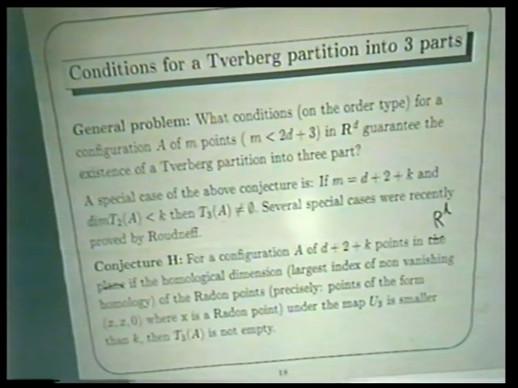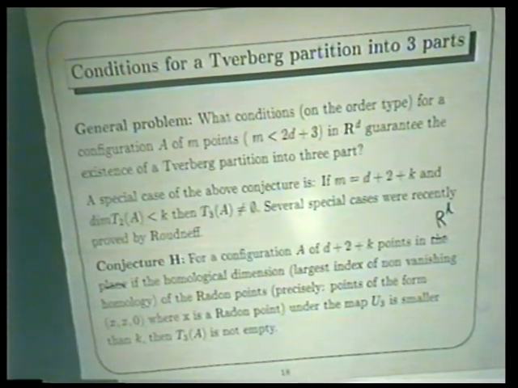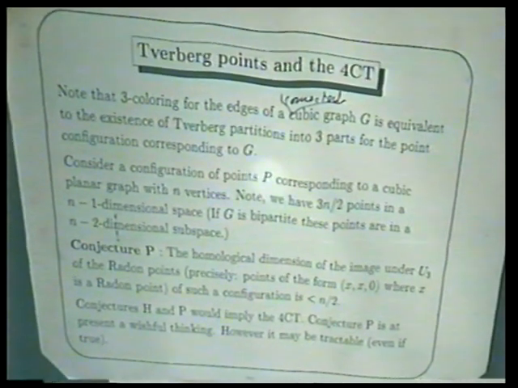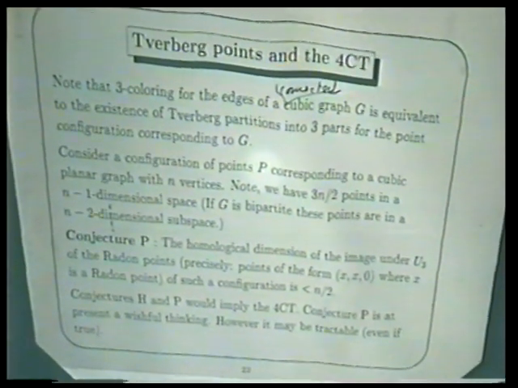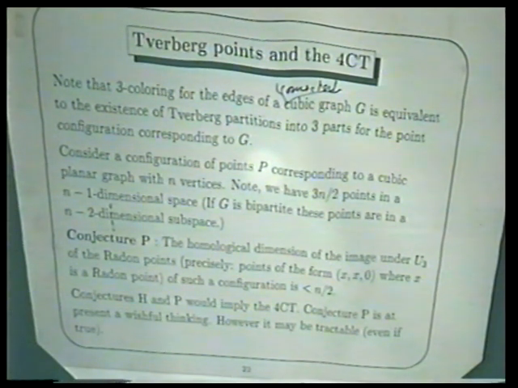So my conjecture that I suggest to you here: suppose you have a configuration of points corresponding to a cubic planar graph, and this is 3n/2 points in an (n-1)-dimensional space, unless the graph is bipartite, forget about this case. Then what we expect is that the dimension of the Radon points is n/2. Or similarly, the homological dimension is n/2.